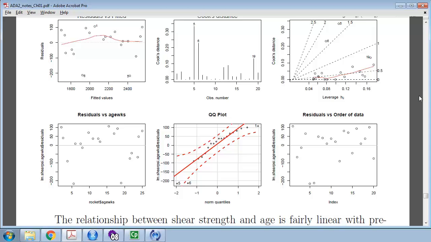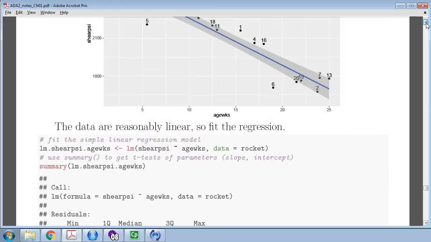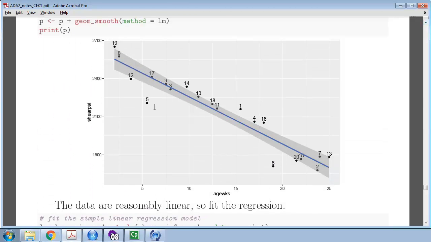Let me scroll up to that, observation 5. Observation 5 had a high fitted value, about 2400. So observation 5 is predicted on the blue, it's this blue point on the regression line right above observation 5. And because this has a decreasing relationship with relative to age weeks, I'll jump back down.